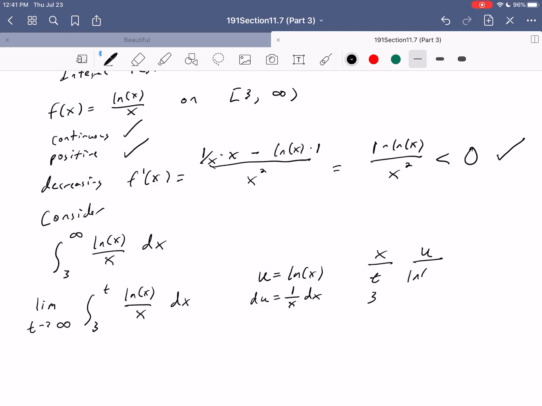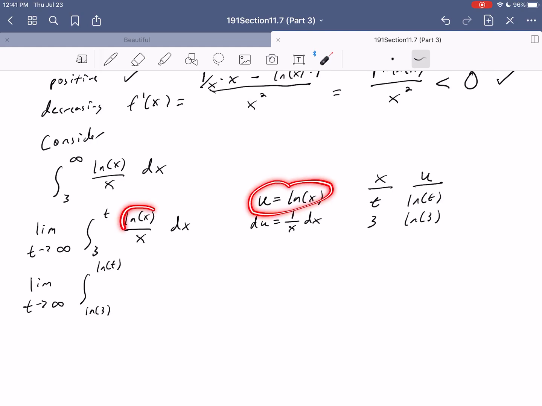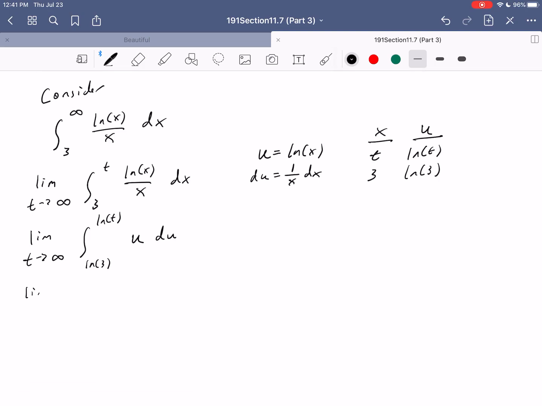The new u bounds should be ln of 3 and ln of t. So we can pop that stuff in there. ln of 3 up to ln of t. Once we replace this, this is going to just be u, and all this is going to become du. So we get u du. We integrate that. We get the limit as t goes to infinity, 1/2 u squared, evaluated from ln of 3 up to ln of t.